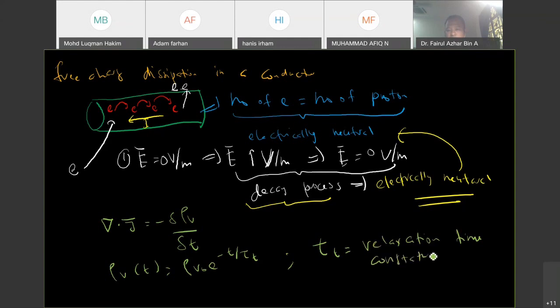This tau is equal to epsilon divided by sigma, where epsilon is electric permittivity and sigma is electric conductivity.